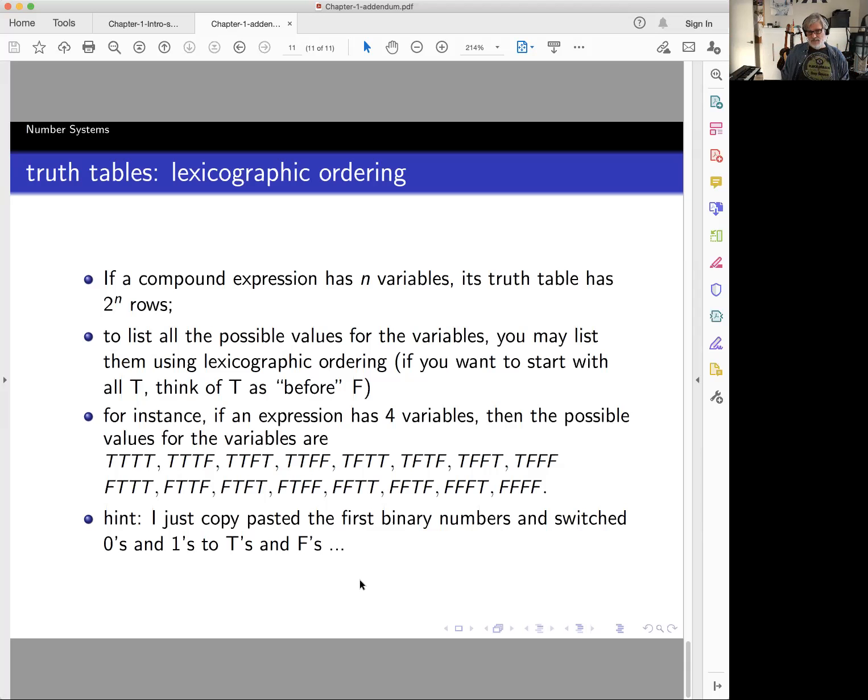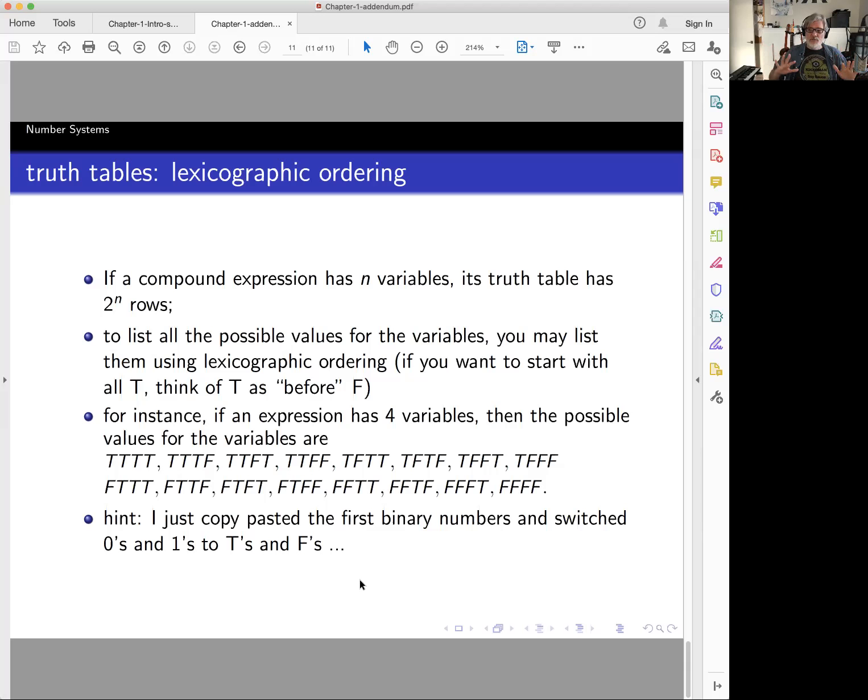If you look at that and you compare to the numbers from 0 to 15, it's exactly the same thing, right? I just use, rather than zeros and ones, true and false. So it's the same thing. Hopefully you see the connection there.